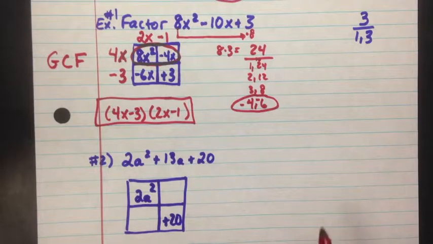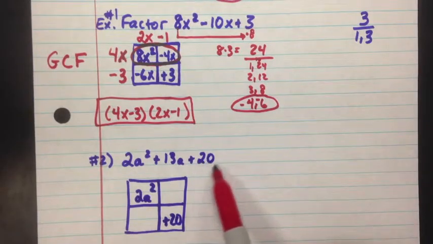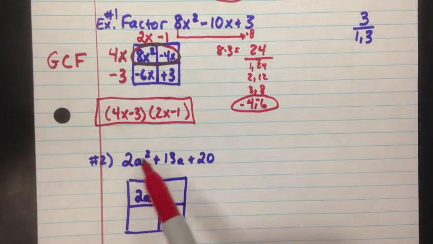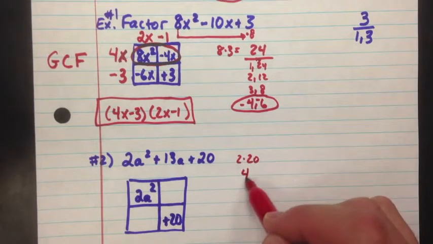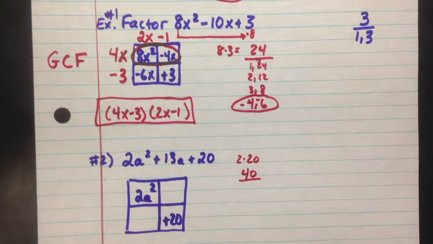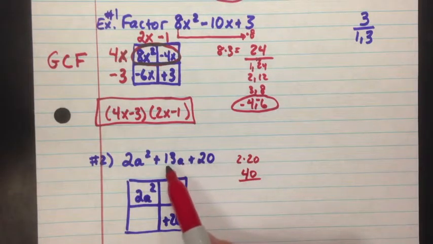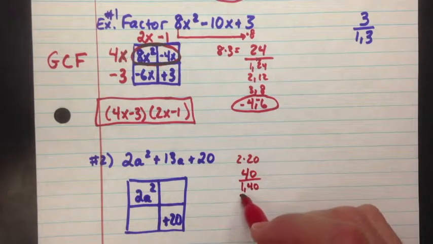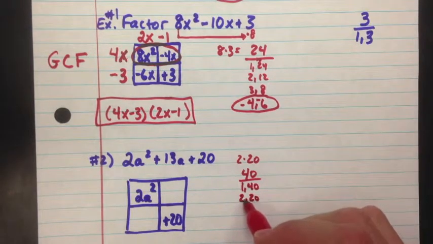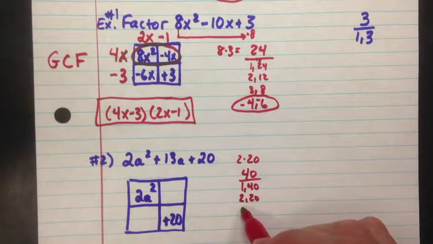Now the number we're going to multiply is not 20. It's the lead coefficient times 20. So 2 times 20, which is 40. We're looking for two numbers that multiply to 40 that add up to 13. 1 and 40? No. 2 times 20? No. 3? 3 doesn't go into it.